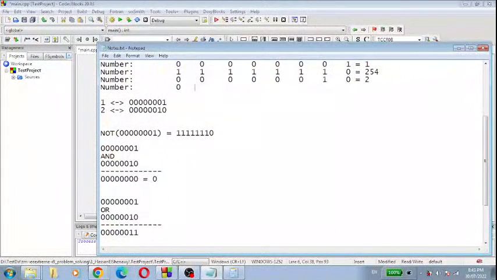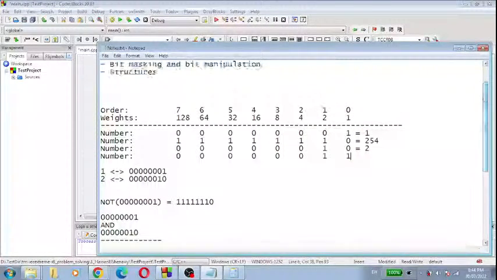I have 0 0 0 0 0 0, then 1 and 1. So what is it? I'm going to make my calculation. It is 2 plus 1, which is 3. So this number is 3.